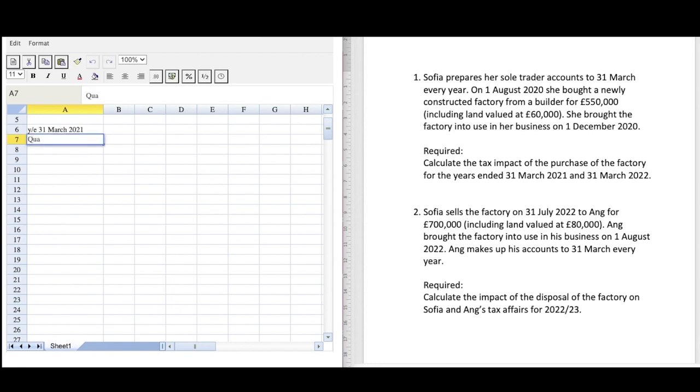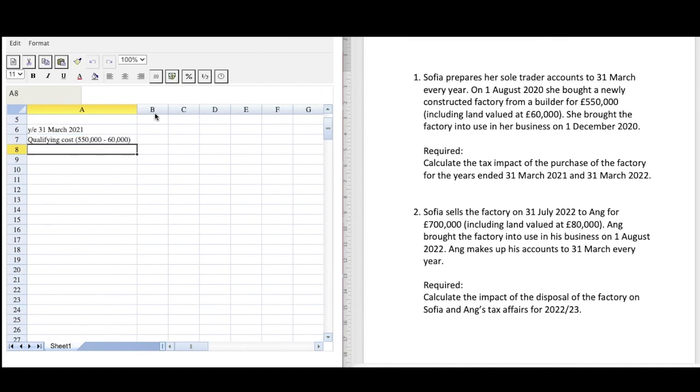And when we're working out the qualifying cost for our structures and buildings allowance, we do not include things like land. So we want to take that out. We're going to take the £550,000, deduct from that the 60,000 that's to do with the land, and that gives us a figure of 490,000.